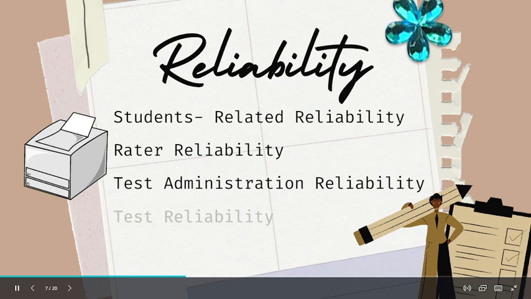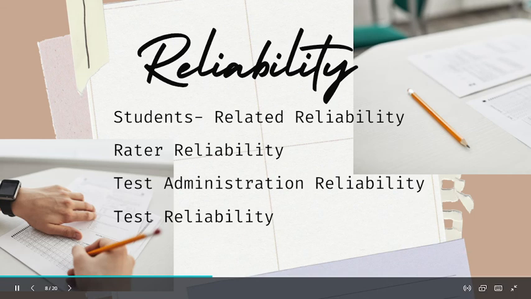Another one is test administration reliability. It is related with the conditions and situation in which the test is administered. Some examples are the condition of the desk, the chair, some noise from outside the classroom. Then we have the last factor, which is test reliability. Sometimes the test itself can cause measurement errors.